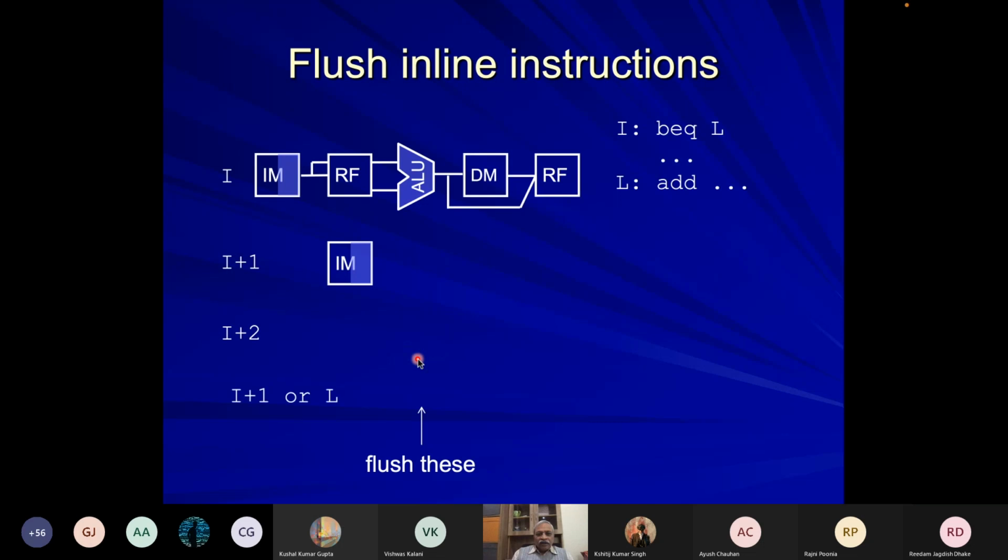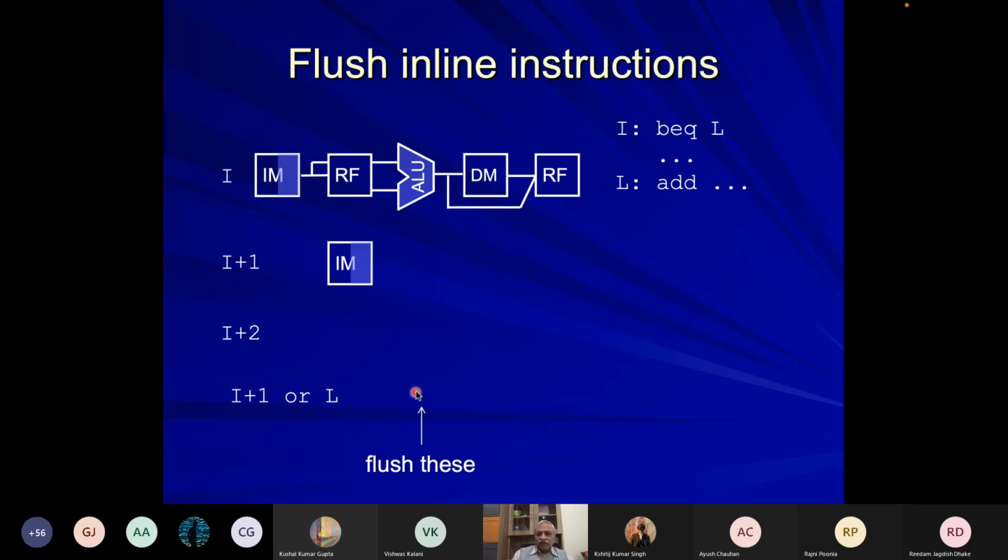And later on, for the moment we'll assume that the branch decision and address computation both are going to take place in the third cycle. So in the third cycle, you know the address, you know the decision, so you can start fetching of the correct instruction.